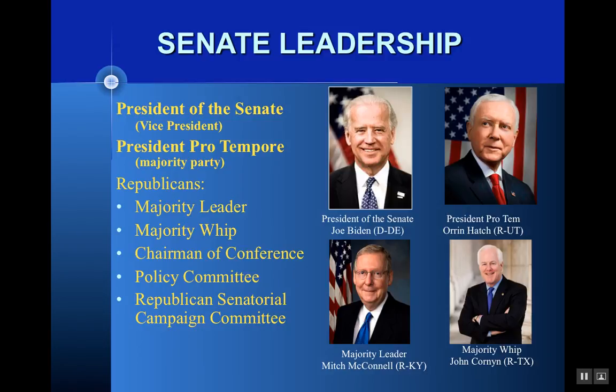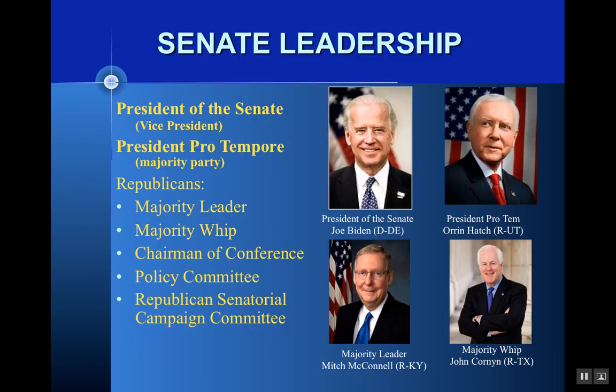He's still a very specific sub leader for the Senate, but without all of the powers and the reputation that the Speaker of the House has. And the president pro tempore for the Senate is Orrin Hatch. He's a Republican because the Republican Party has a majority.